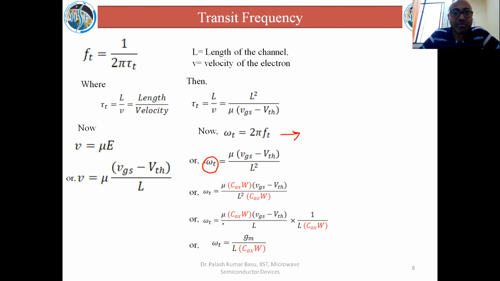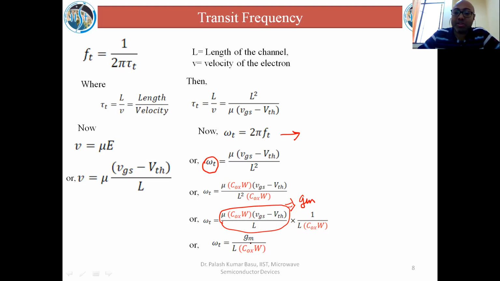So this factor, if you remember, this factor is GM divided by L Cox W. Now, what is L Cox W? Cox is the capacitor per unit area, and W into L is the area.